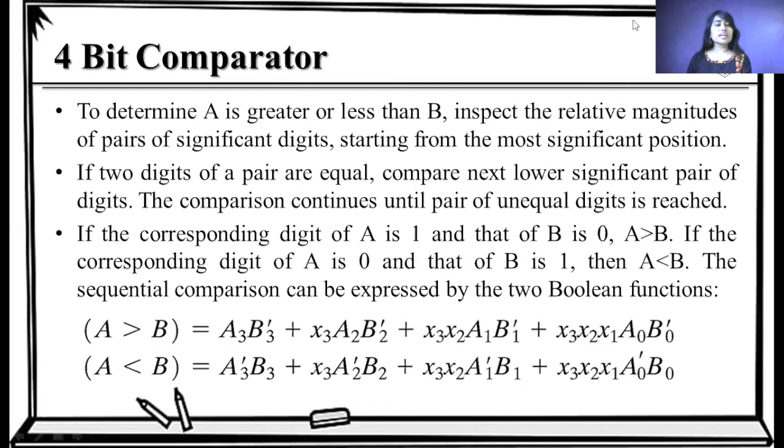For A greater than B, if B is 0 and A is 1, we have the condition A greater than B for any possible bit combination. So for A greater than B, we have B3 dash, B2 dash, B1 dash and B0 dash in the equation. And for A less than B, A equals 0 and B equals 1, so in the equation we have A3 dash, A2 dash, A1 dash, A0 dash.